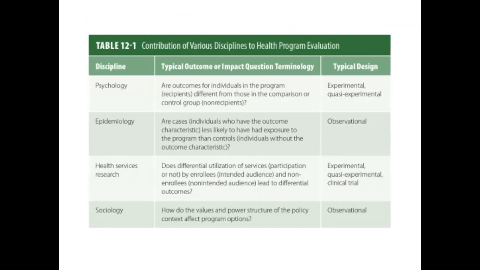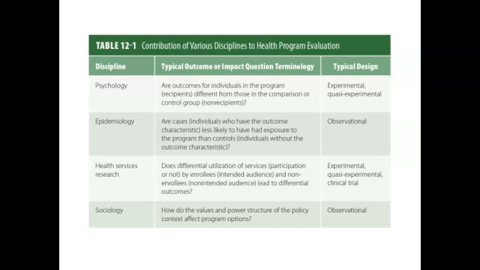When selecting the most appropriate design for your effect evaluation, you can draw on various disciplines, each of which has their own terminology for describing designs. Psychology uses experimental and quasi-experimental designs, and it focuses on outcomes among individuals.